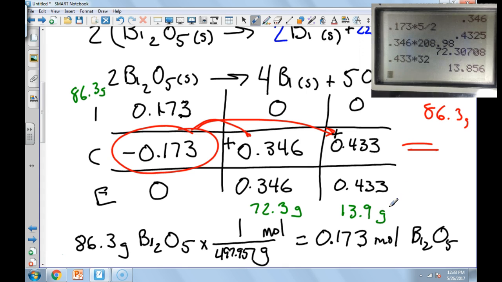Now, if we add up however many grams we have at the end, let's see, 72.3 plus 13.9, and so we get 86.2 grams. And that, to me, checks out. Okay, it's going to be very rare that if you do something wrong, those are coincidentally going to equal each other. Okay, so there is the answer to this problem, and have a great day.